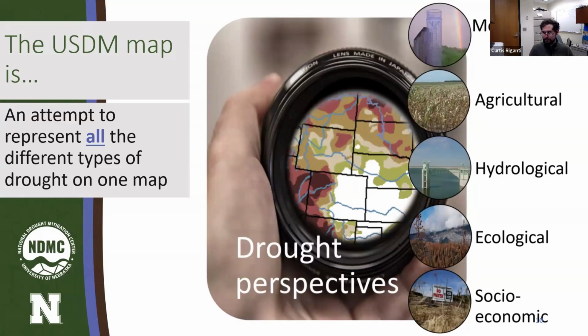I'm not going to go through too much detail on what each of these are, but suffice it to say on the right side, you'll see the meteorological down to socioeconomic drought. Generally speaking, as you go down through these categories, you're looking at longer term drought scales and different types of impacts as you go through those longer terms of drought. And therefore, you're going to be looking at slightly or significantly different sets of data to describe each of these.